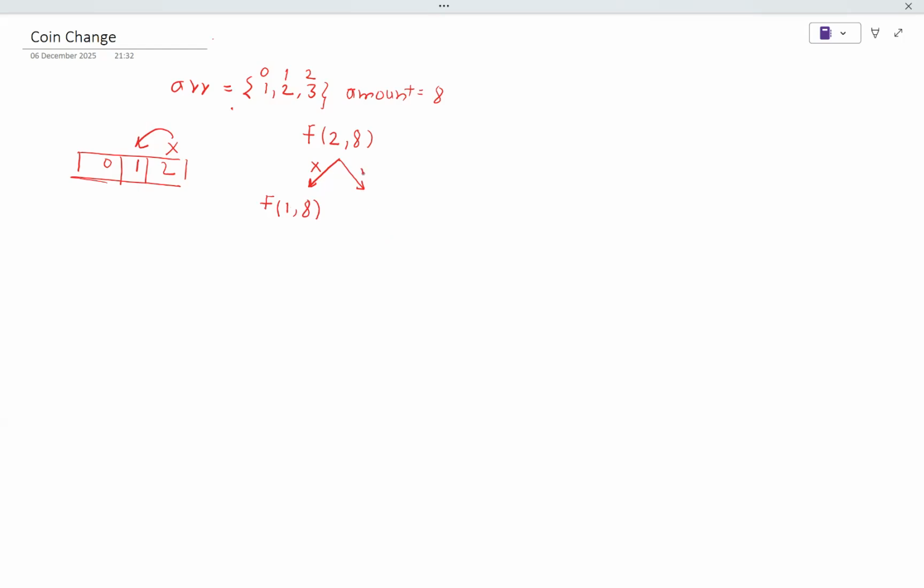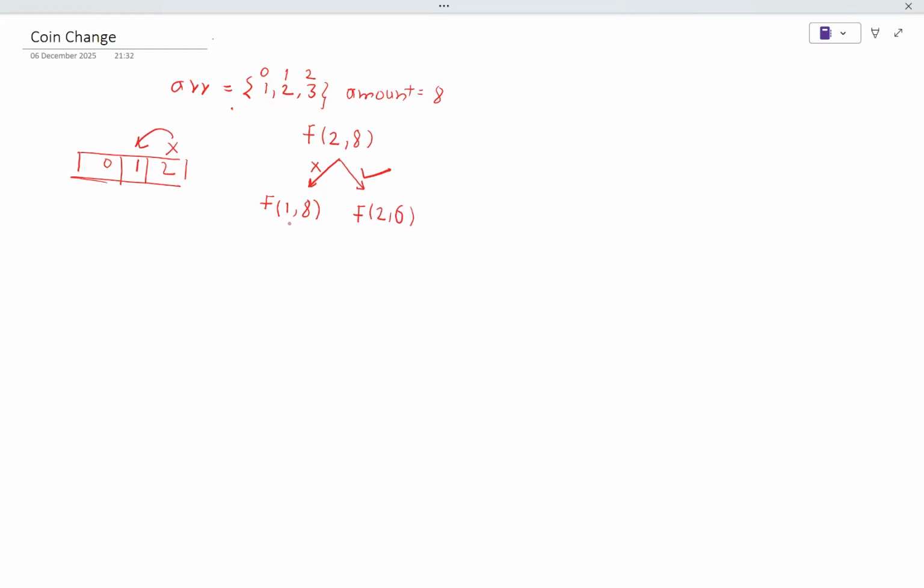And if I pick it, then, as there are infinite coins of the same denomination, I can stay at the same index, but my target amount will reduce by the coin value.